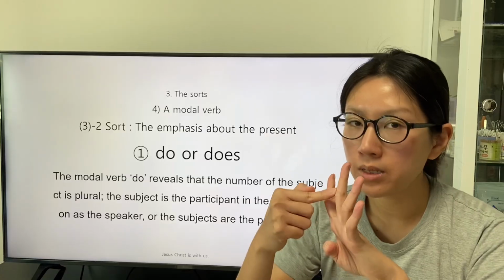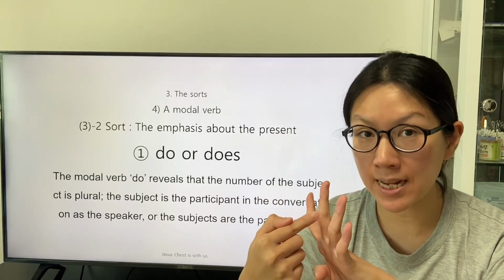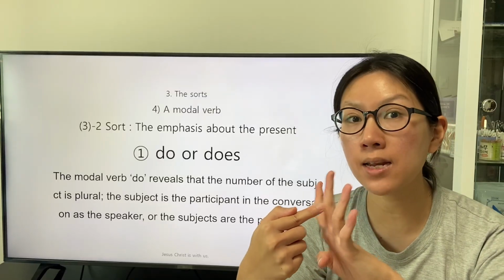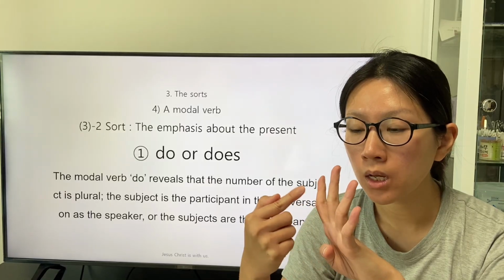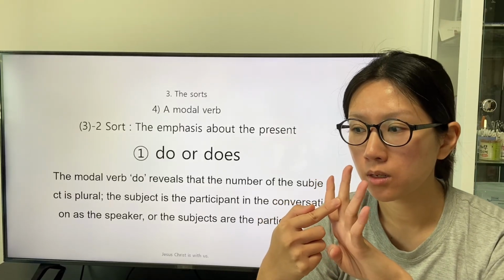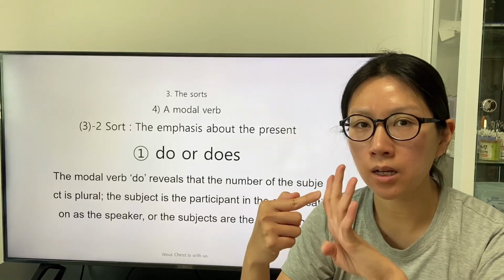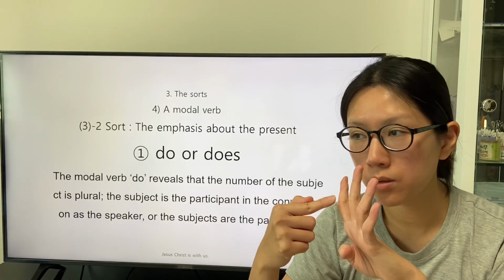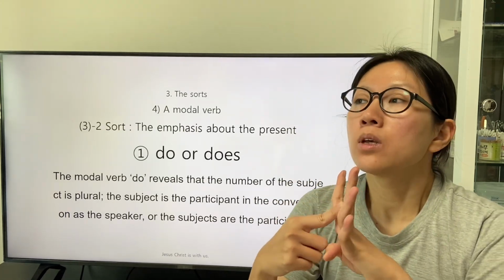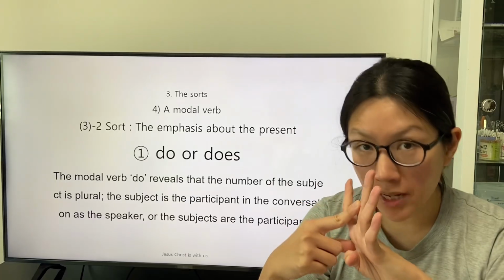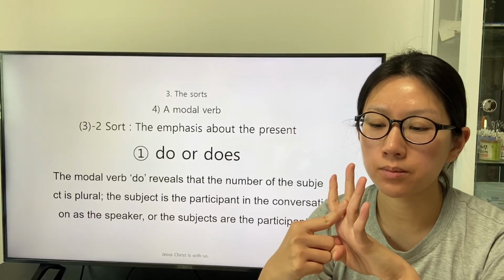The listeners are indicated by the personal pronoun you, and the subject, including the speaker, is indicated by the personal pronoun we. The number of the subject is not one, and the subject participates in the conversation with the speaker.